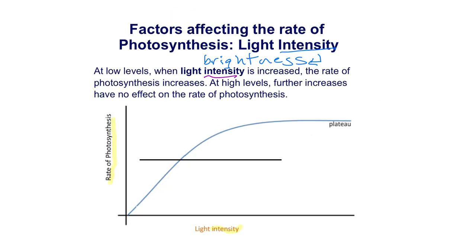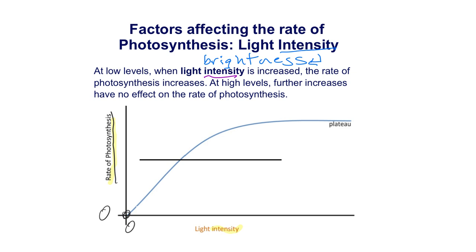Okay, to a certain point, the more light you have shining on a plant, the more photosynthesis that plant can do. So with no light, like at night, it will do no photosynthesis. This is the rate of photosynthesis, the y-axis. That's 0. With 0 light intensity, you have no photosynthesis.